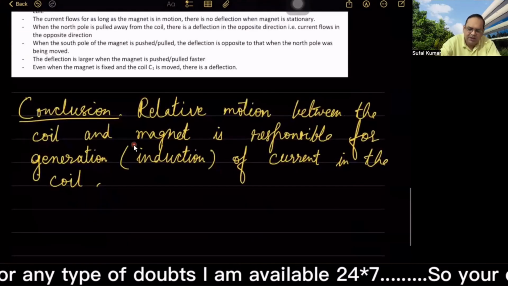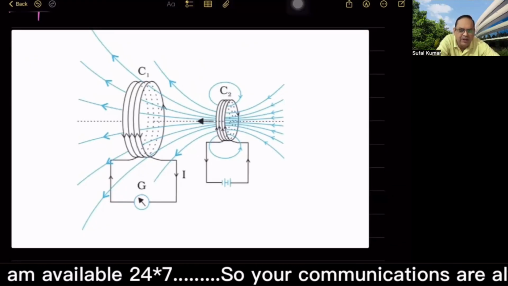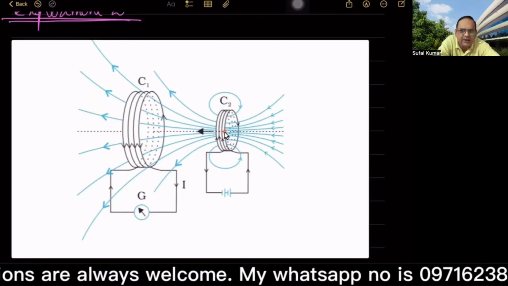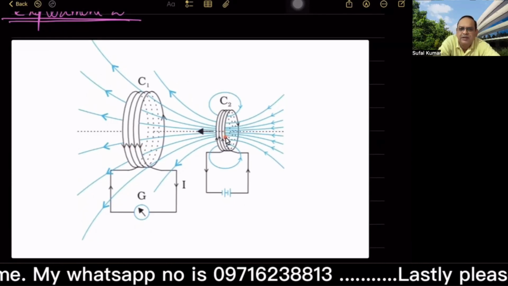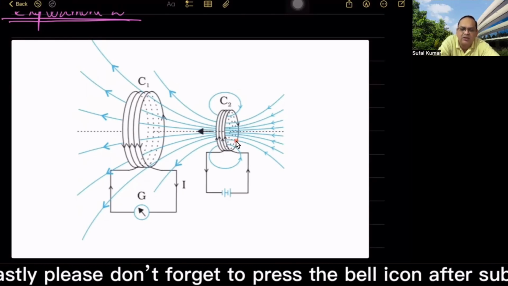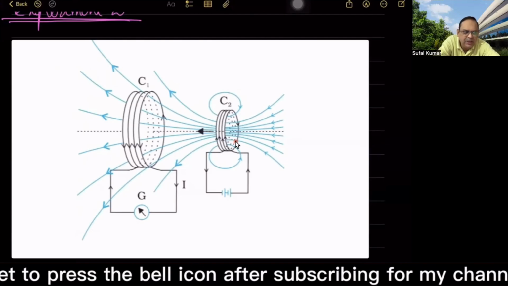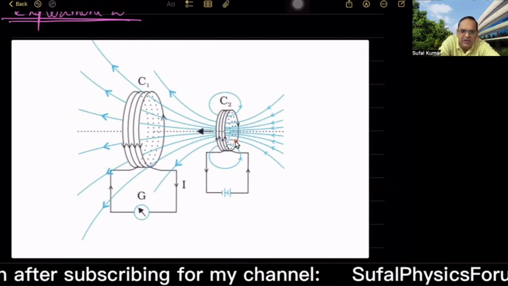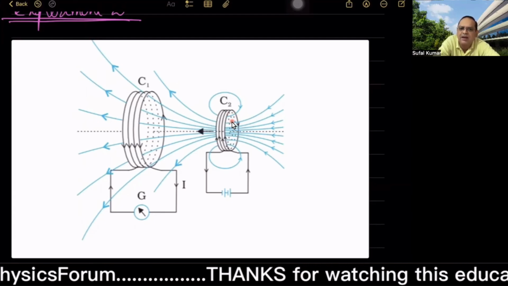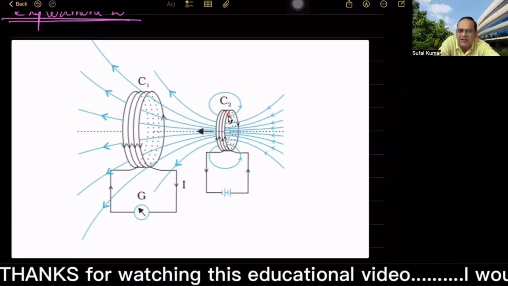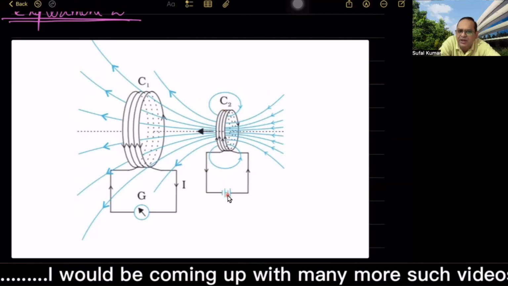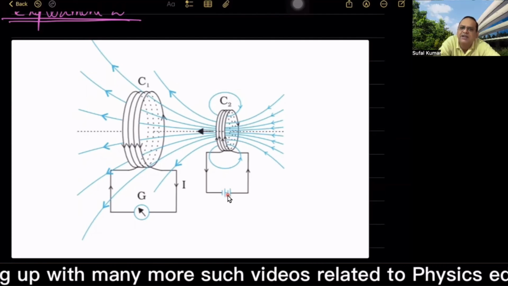Now experiment 2. What we observe in this diagram is that in the right part there was an approaching magnet, in which we saw an approaching north pole. But now the approaching magnet is replaced by a coil. This time the magnet is replaced by an approaching coil in which battery operated current is present.